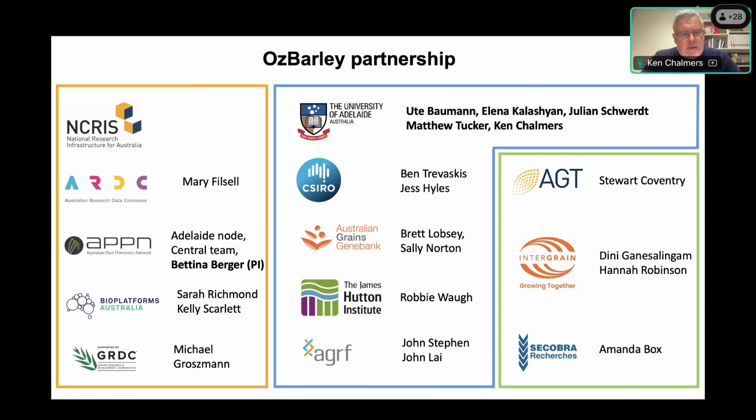Over the last 20 years, the breeding companies have been working with the breeding researchers developing molecular markers for a lot of the traits. And we've been heavily involved in the disease resistance traits in Adelaide.